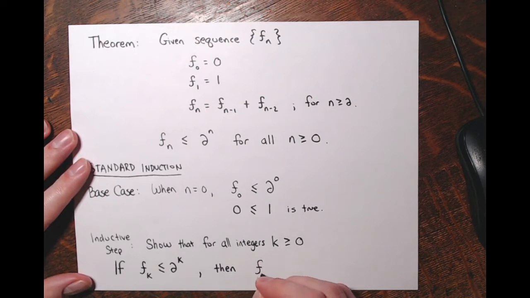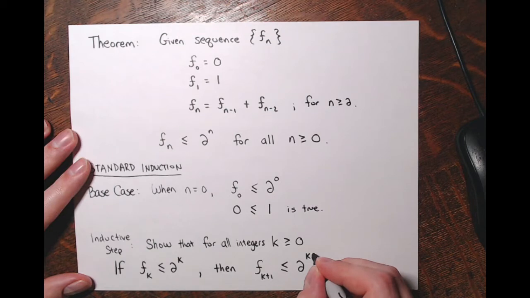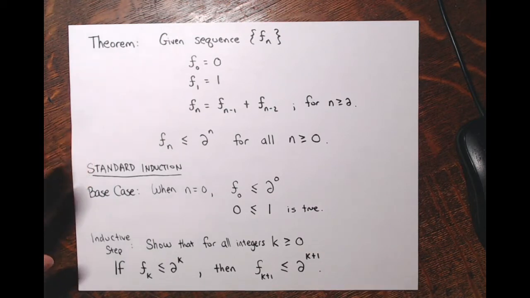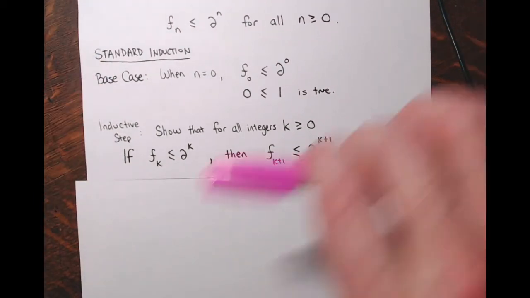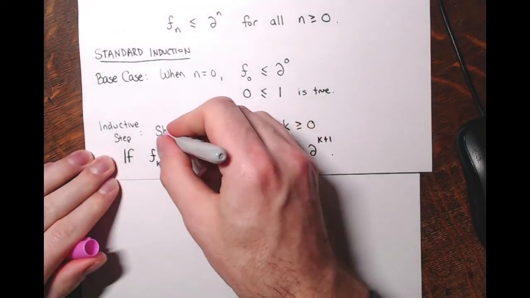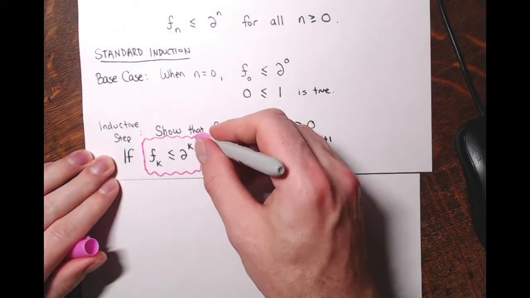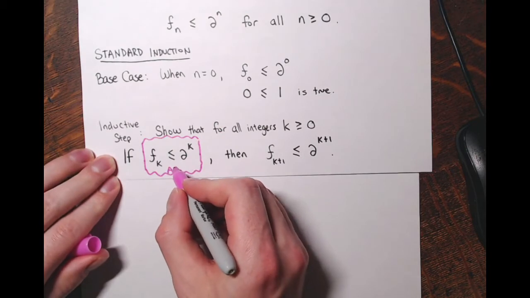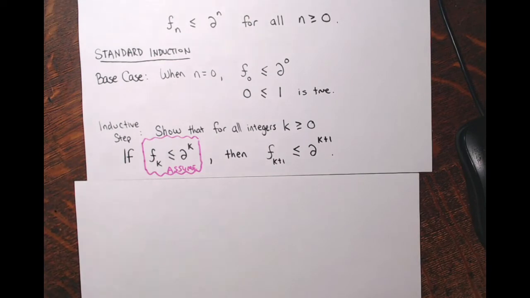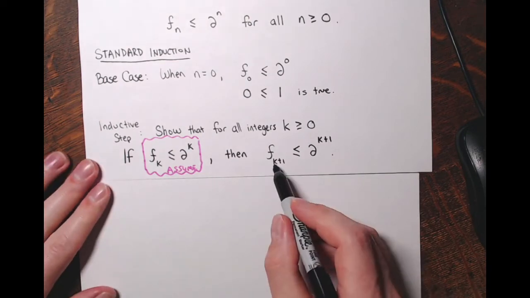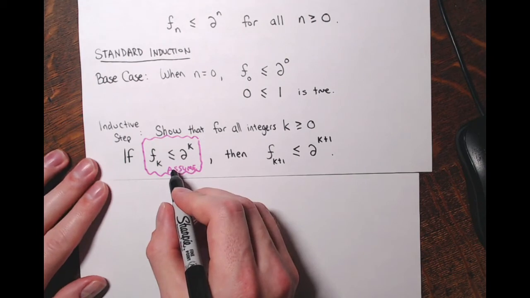So we must show that f sub k plus 1 is less than or equal to 2 to the k plus 1. We would assume the first statement is true for values of k greater than or equal to 0, and then try to show the second. The assumption was called our induction hypothesis.